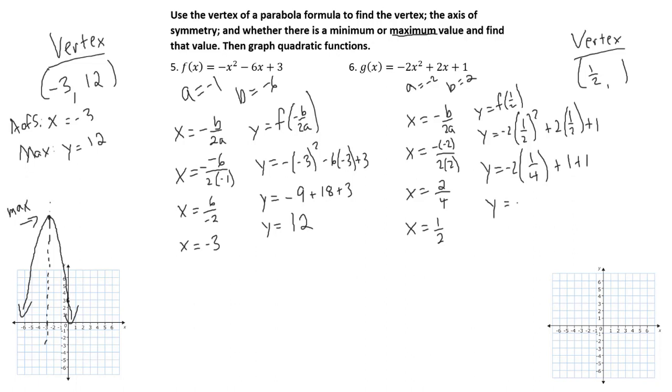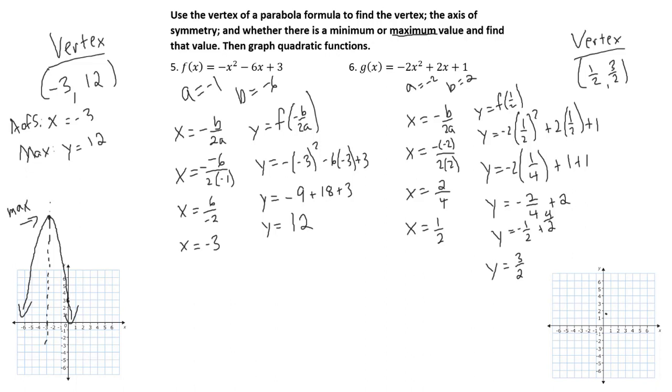So y equals -2/4 plus 2. So y equals -1/2 plus 2, or we can change that to 4/2, and that will give us y equaling 3/2. So our vertex is at 1/2, 1.5, so right there.